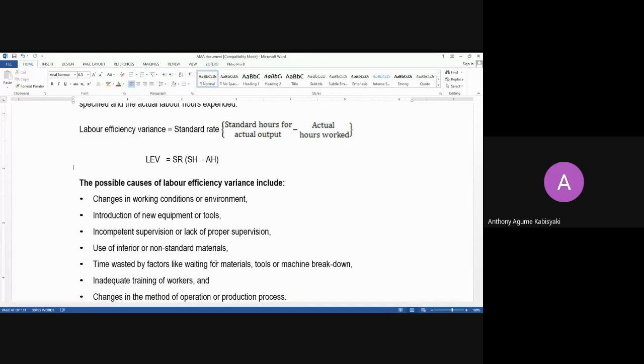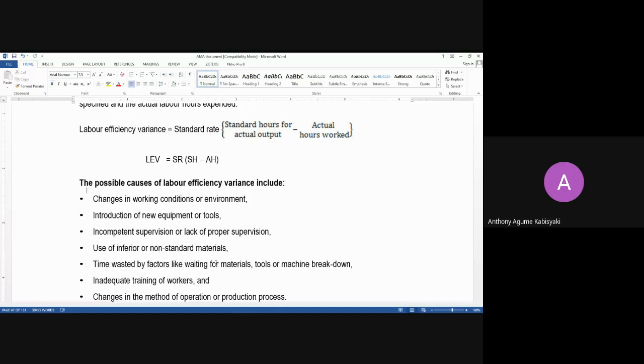Use of inferior or non-standard materials. Yes, if the raw materials used are of poor quality, there is no way you would expect employees to be efficient. Time wasted, especially where you are waiting for materials or there is machine breakdown, so that means you will use more time.